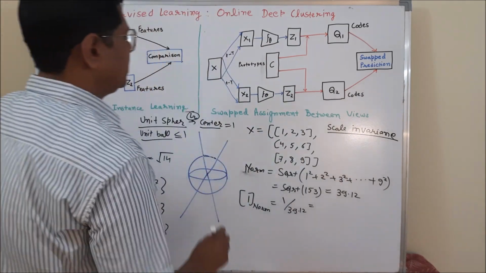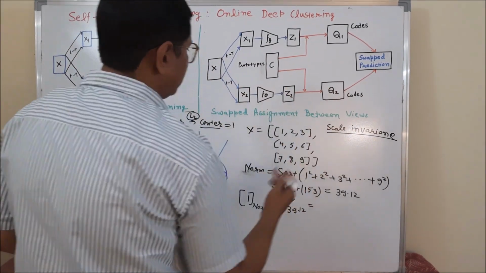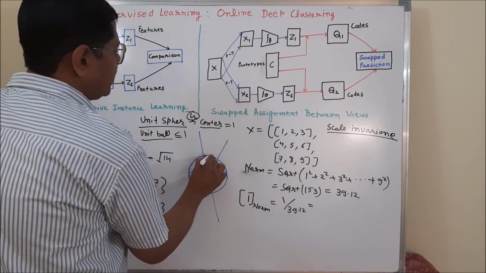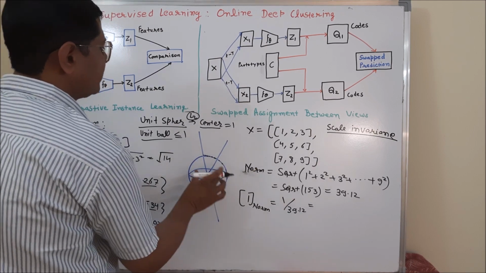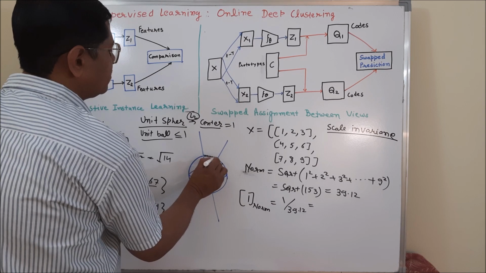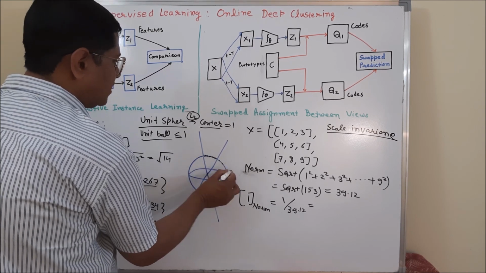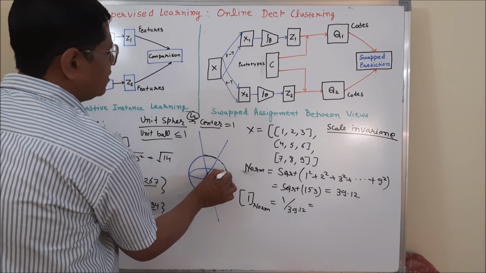Due to this property, whatever the data is after conversion, all the points will be on the surface of the sphere. For example, in the case of cats and dogs, suppose the points related to cats will be here, and the dogs, having some dissimilarity, will have points somewhere here.